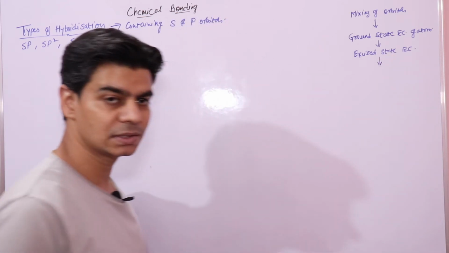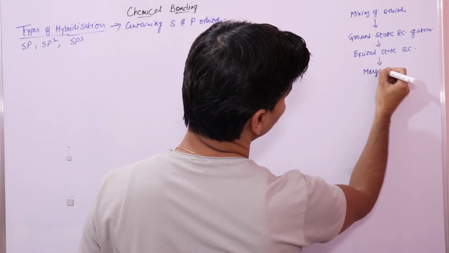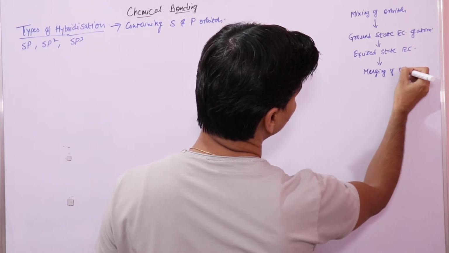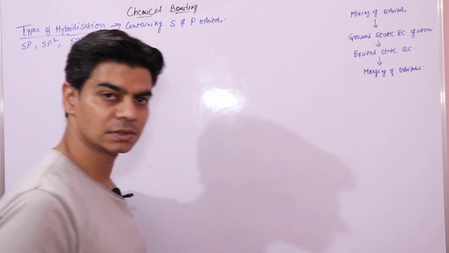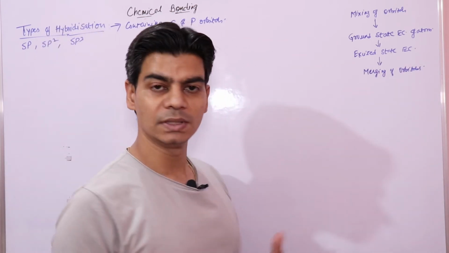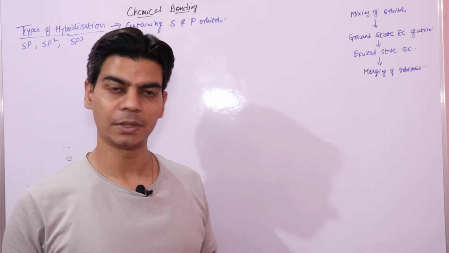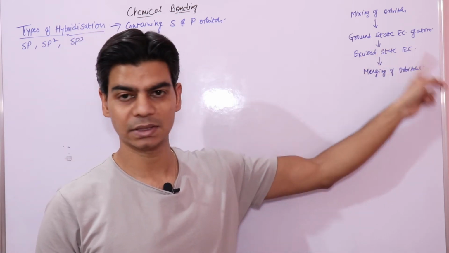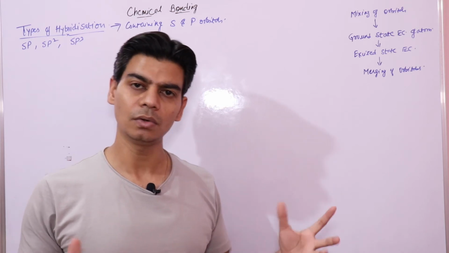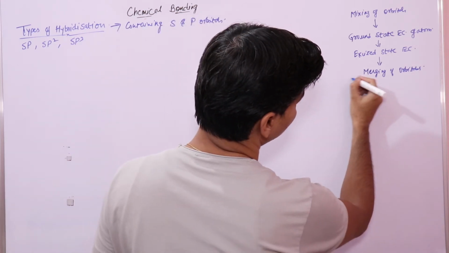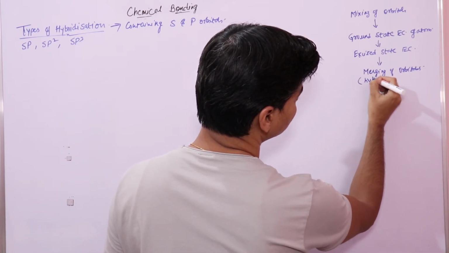Once you have the excited state electronic configuration, then merging of orbitals will take place, and when this merging takes place, hybrid orbitals will be produced. The number of hybrid orbitals that you get as a result of merging would be equal to the number of atomic orbitals that undergo merging.